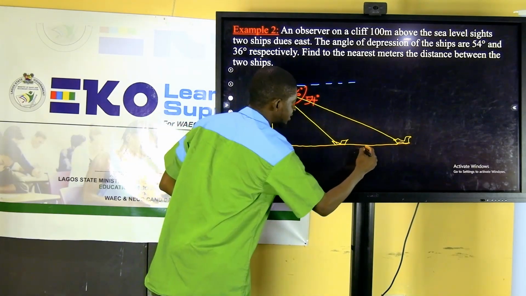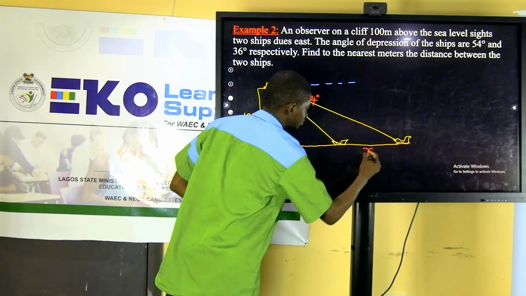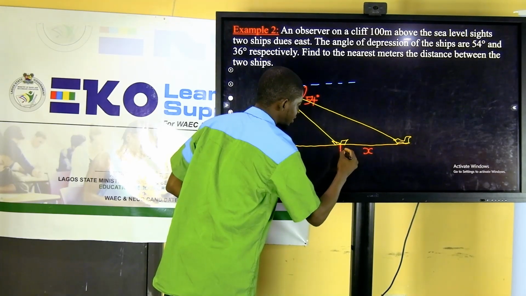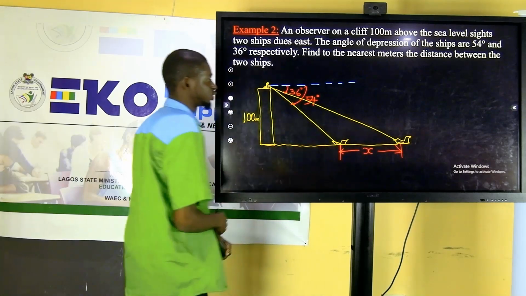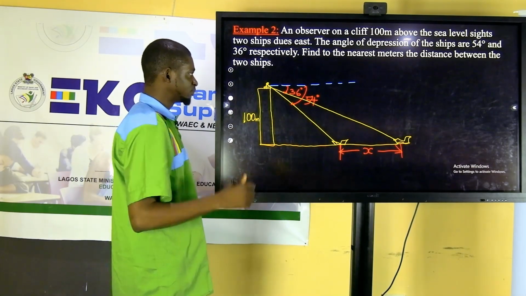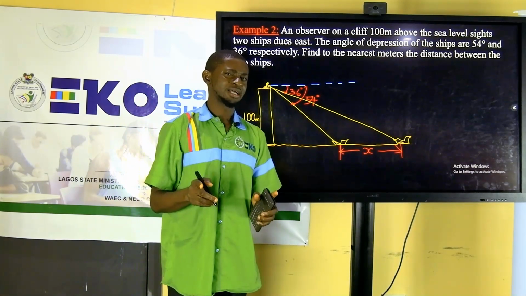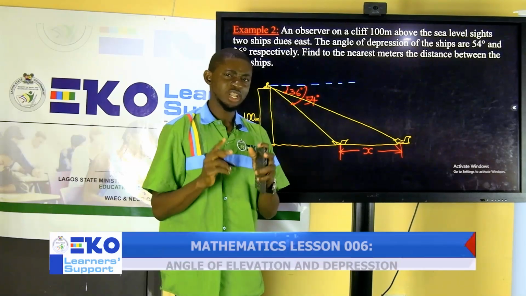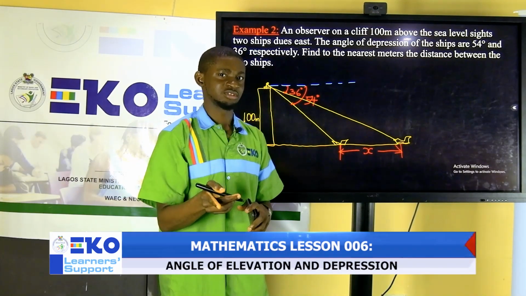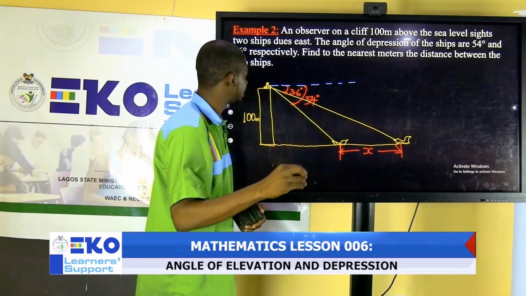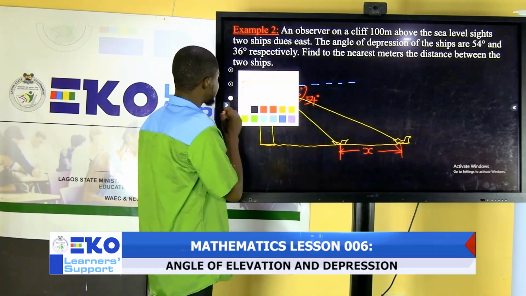We are looking at this distance, from this place to this place. That's what we are interested in. Now you remember the knowledge of our Z angles, alternate angles. So let's clear something here.